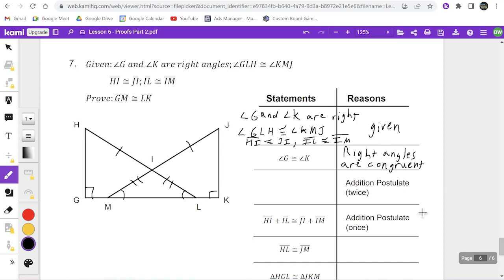Okay, now you can see here, I kind of give you a hint. I say the addition postulate twice. It probably has something to do with HI, IL, and JI, and IM. Can anyone tell me what they think?